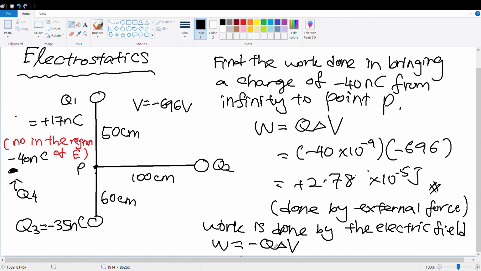If I'm not mistaken, the previous question that we have done is negative, which is the electric potential energy. Yeah, the previous question is negative 2.161 times 10 to the power of negative 5 joule. So this is the work done by the electric field, and this is the work done by the external force. So that's the difference.